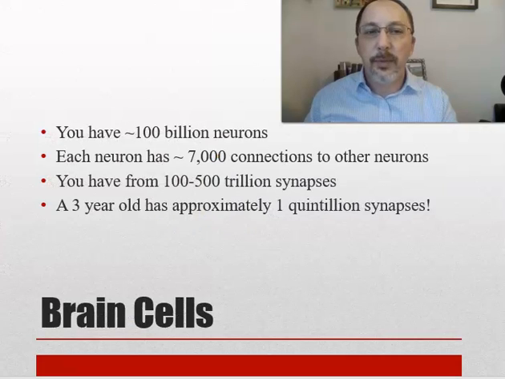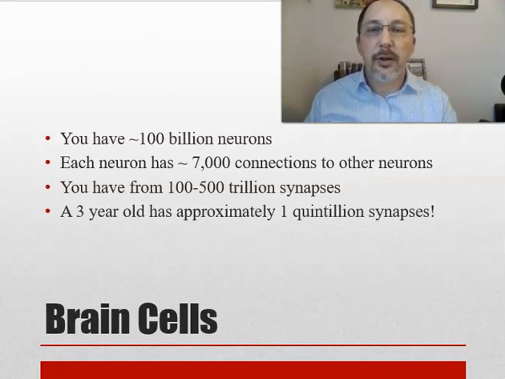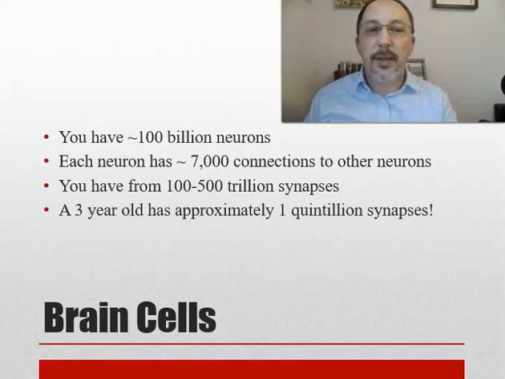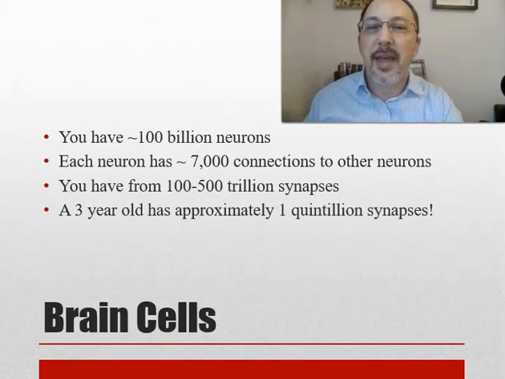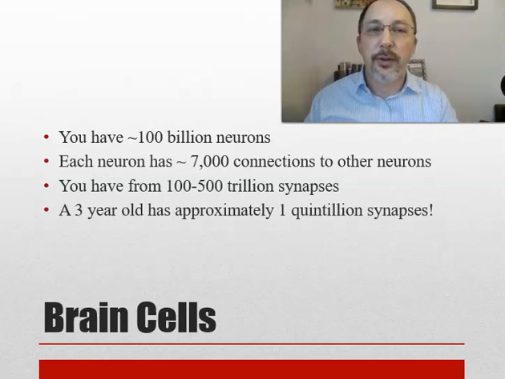Well, we know that you have approximately 100 billion neurons, and that each neuron has about 7,000 connections to other neurons. These are synapses, which means 100 to 500 trillion. I know the numbers don't quite add up, but there's reasons for that.